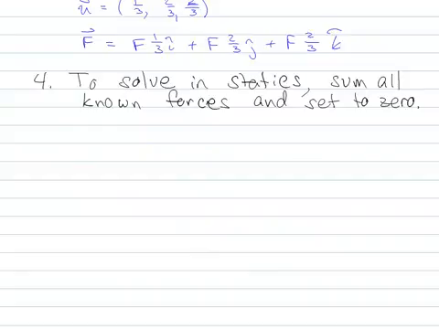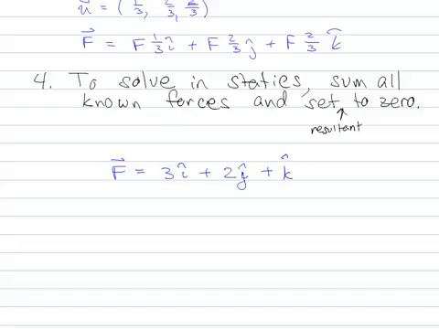I was going to say, and set the resultant to 0. So if I've established that on my particle, I've got, I'm just going to use some things that I make up, and say one of them is this, and another one is, go ahead and line them up. And then maybe here's a weight, so it's negative 15 k hat.